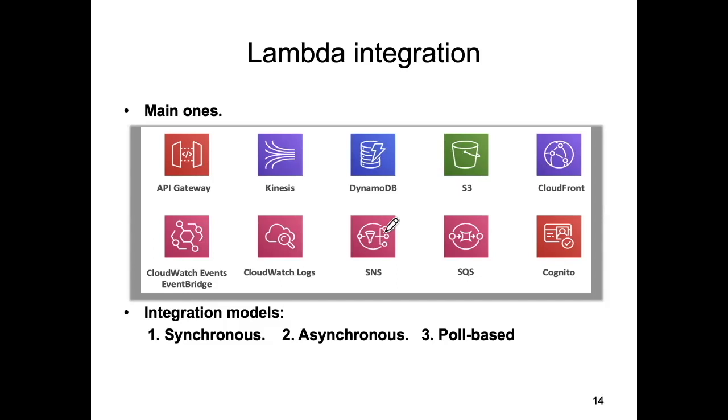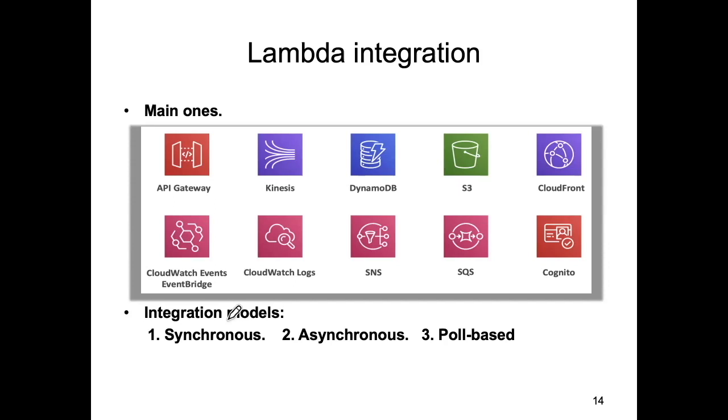You can't do an alternative. So whichever service you're using as the trigger for your Lambda function, you've got to look at that service's integration with Lambda and follow the particular programming model prescribed, whether that be synchronous, asynchronous, or poll-based. I'm going to talk about each of those briefly.